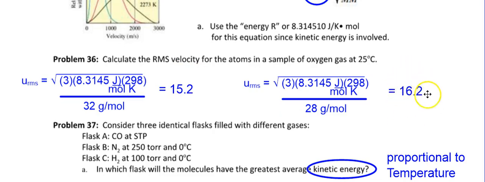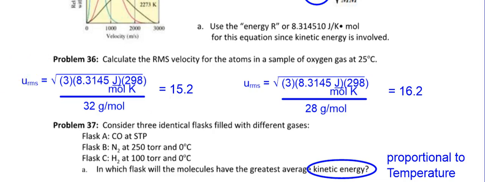Here's nitrogen's average velocity at 16.2. So look what happens. This is why I wanted to do nitrogen. The lighter the gas, the faster it goes. The heavier the gas, the slower it goes. So make some note, jot that down, write it down, highlight it, do whatever you need to.